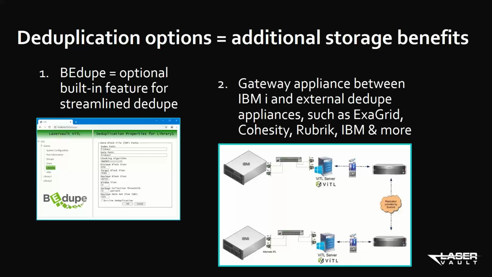So using LaserVault as a gateway appliance between IBM i and external deduplication appliances such as our technology partners, Exagrid, Cohesity, Rubrik, IBM, and many more solutions in which the gateway can write directly through the VTL server to the storage, and also replication using those solutions to a DR site or co-location to be able to do backups and recoveries for disaster recovery, and accessing that storage for your IBM i backups through the gateway solution.